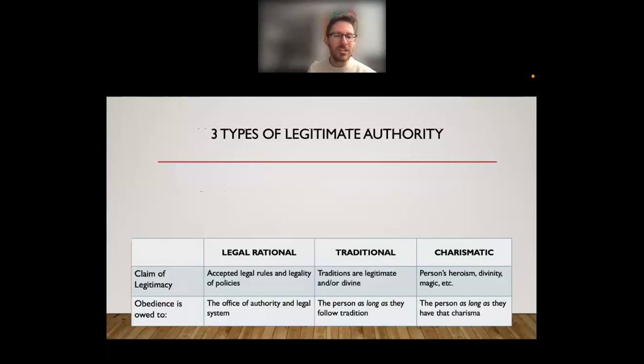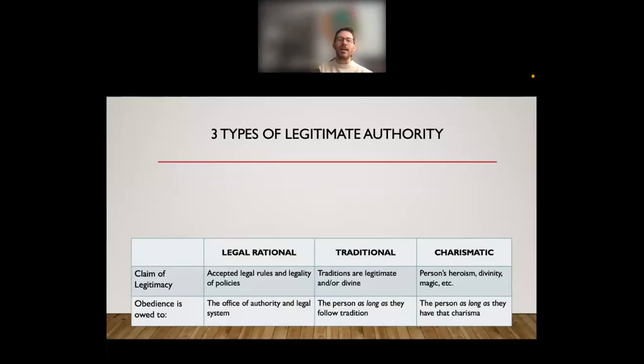We are going to look at the claim of that legitimacy. What is the motivation by which the people obey, and where is that obedience located? Is the obedience owed to a system? Is it owed to a person? Who are they obeying, actually?